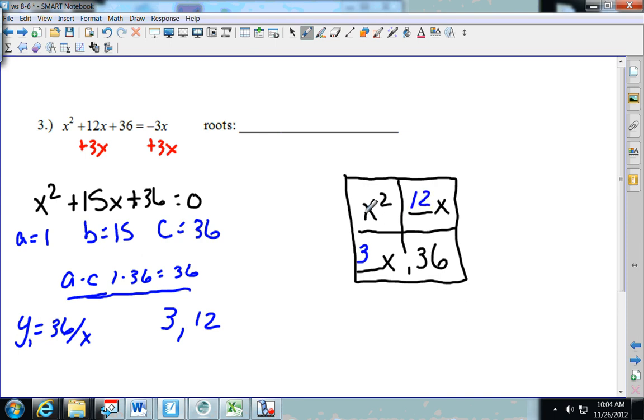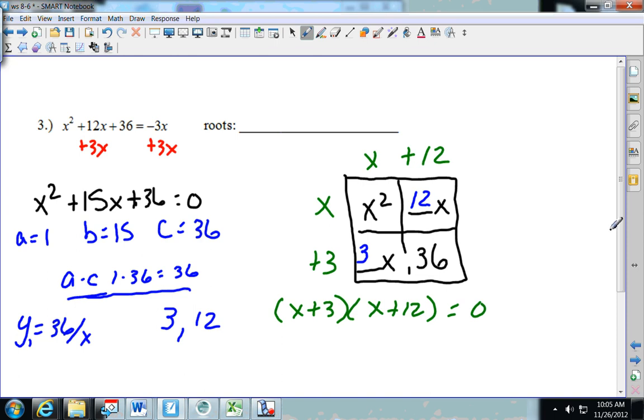Now this one's easy to split up because x squared only splits up as x and x. X times what is 12x? Plus 12. X times what is 3x? Plus 3. So factored form is x plus 3 times x plus 12 equals 0.